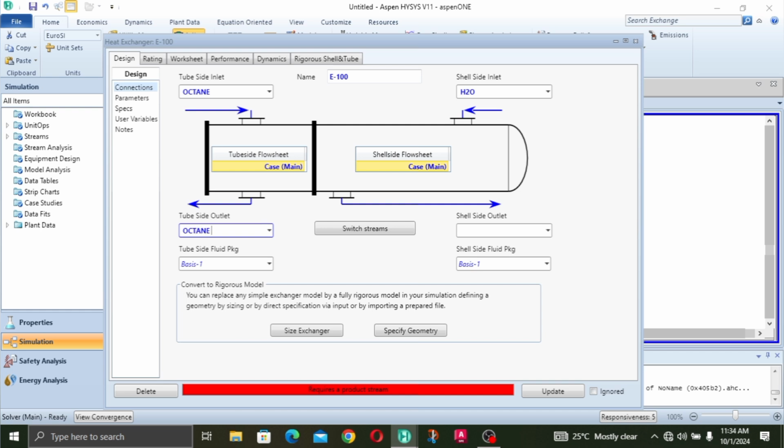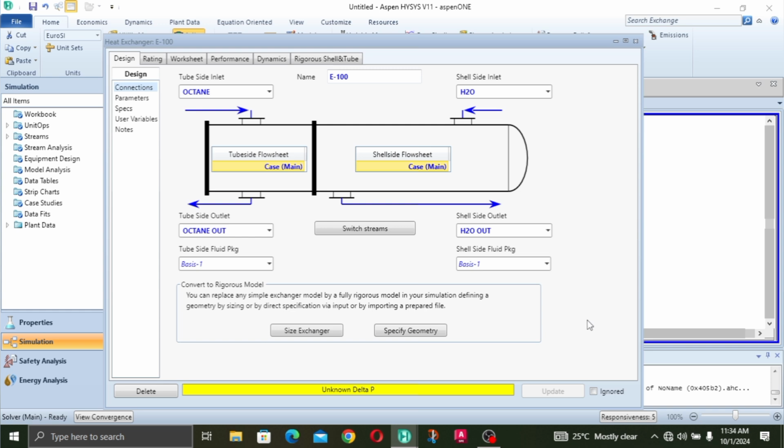Octane out and H2O out. Perfect. And like our heaters and our coolers, we do need to specify change in pressure. Now, bear in mind that in real life applications, it's not the same as in ASPEN HYSYS modeling and simulation.